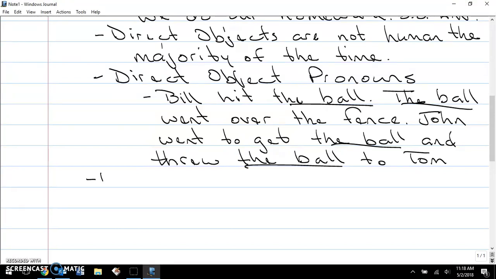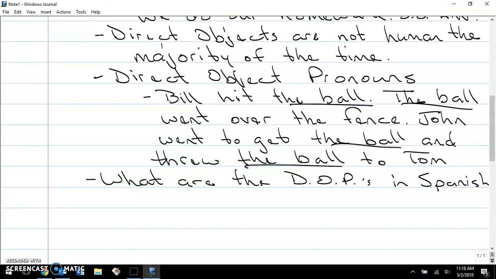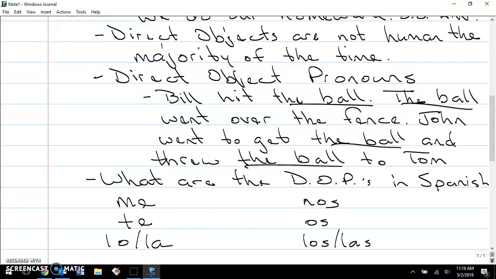So, what are the direct object pronouns in Spanish? They are me, te, lo, la, nos, os, los, and las.